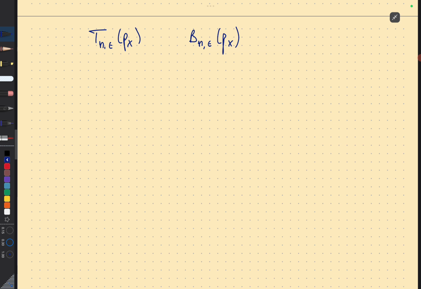So basically you list the sequences, the source sequences, in decreasing order of probability until the probability of, let me call this B n delta of Px, which is the smallest set with probability 1 minus delta.